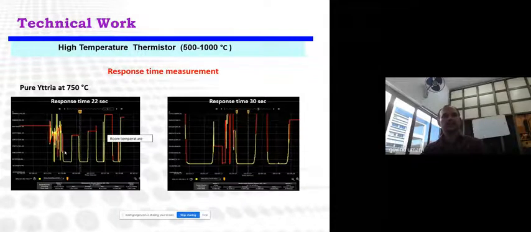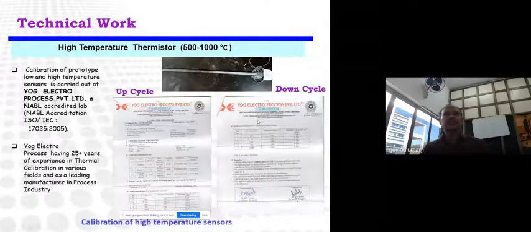Then we measured the response time. At 750 degrees Celsius, the response time is 22 seconds, and for different samples it comes in the range of 22 to 30 seconds. Again, we needed to calibrate this sensor.